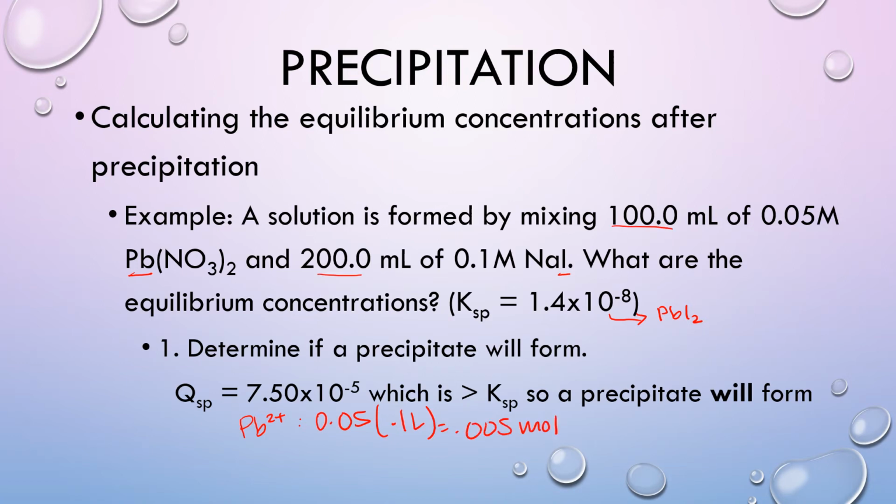My new volume is 0.3 liters, so that gives me 0.0167 molar lead. And then for the iodine ions, I had 0.1 molar and 0.2 liters of it, so that gives me 0.02 moles divided by the new volume gives me 0.067.